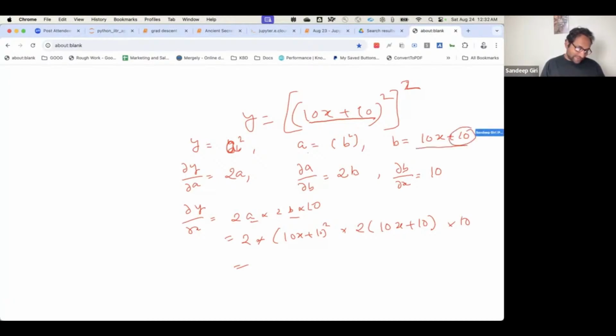But here, 10x plus 10 exists, right? I mean, we can't just say that this is equal to the differentiation of 10x to the power 4. That will be simply 4 times (10x) cubed times 10. Okay, that's not the same. Is that what you meant?